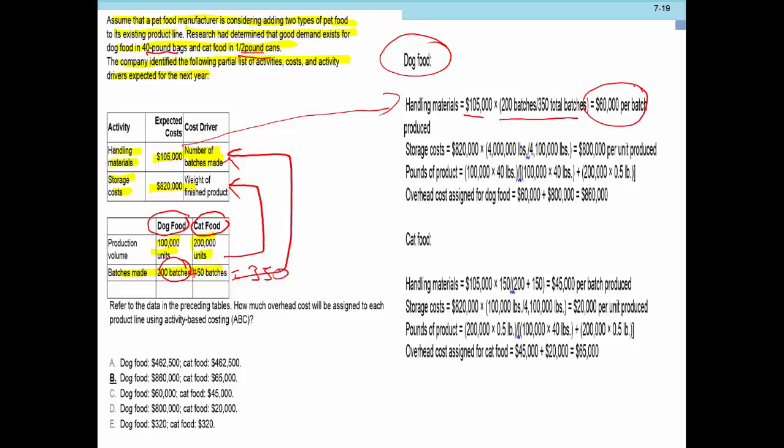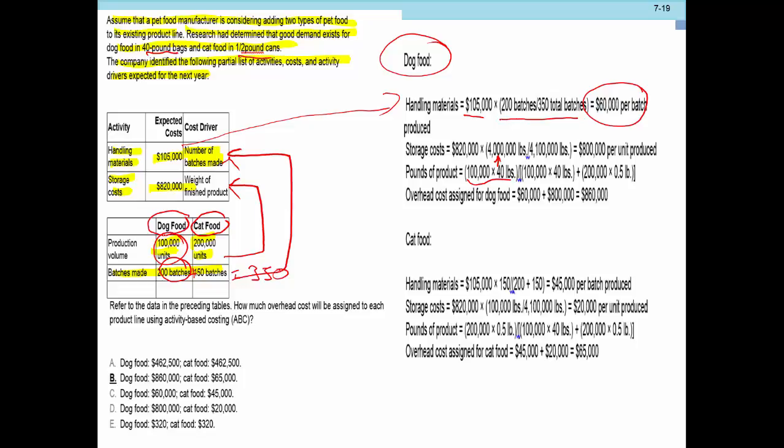And then we come up with the storage cost, and this is the only thing that made this one maybe a little bit tricky. It's 40 pounds per product. They're going to make 100,000 units, so 100,000 units times 40 pounds per unit, that's 4 million pounds, right?